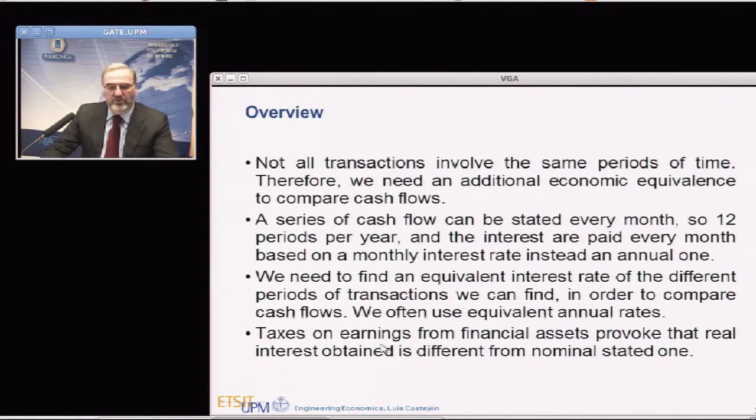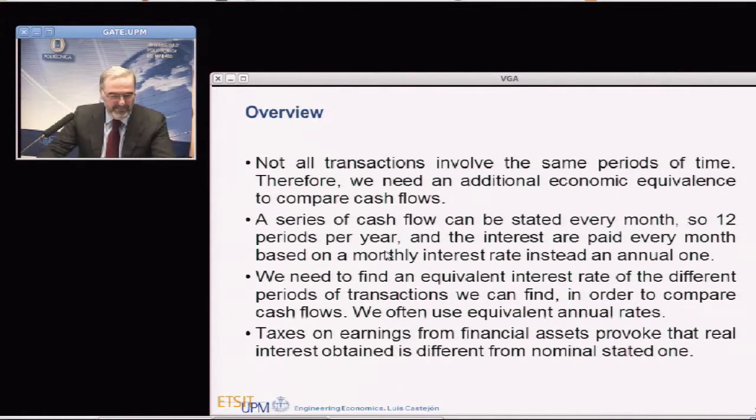And the other issue we have to solve is taxes on earnings. If you are offered a 3.5% interest rate, this is the nominal, because after the end of the year, the bank will not give you 3.5% more than the money you lend them.